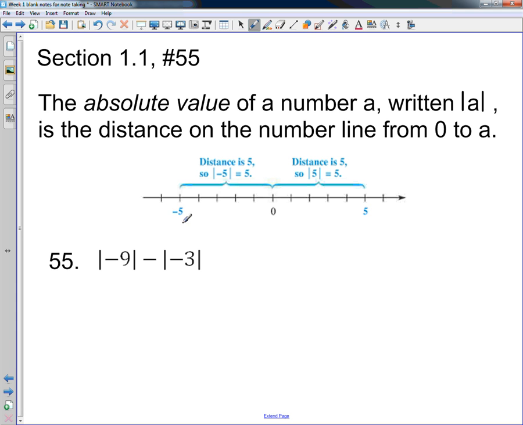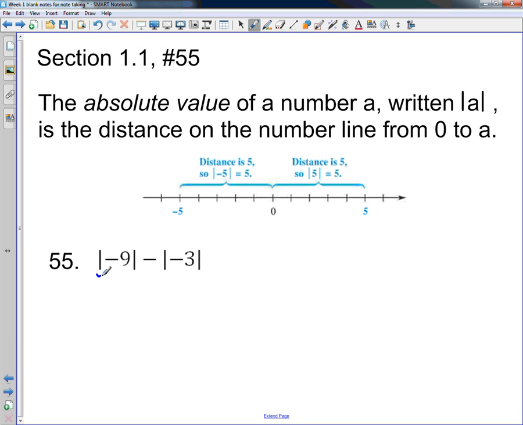And the reason the absolute value of a -5 is 5 is because all we want to know is how far is it from 0. So we're just talking about a distance from 0. That's why the absolute value of a +5 is also 5, because we're just talking about how far it is from 0.